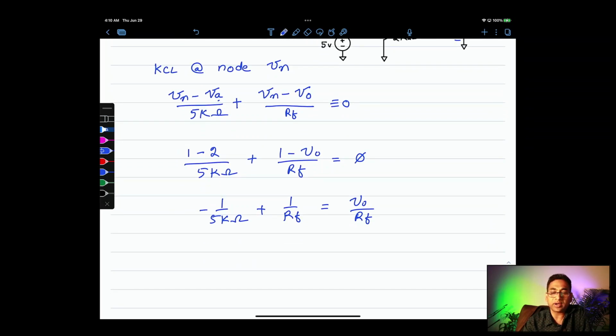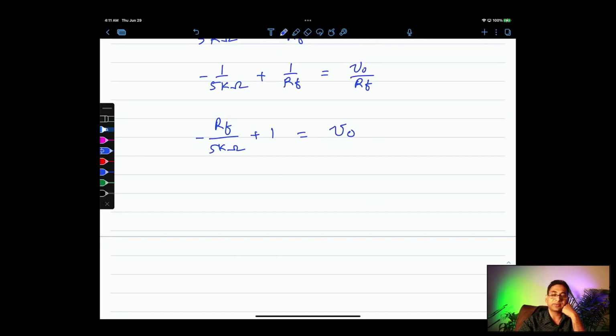Multiply both sides of the expression by RF. Negative RF by 5 kilo ohms plus 1 equals VO. Now we are getting somewhere.